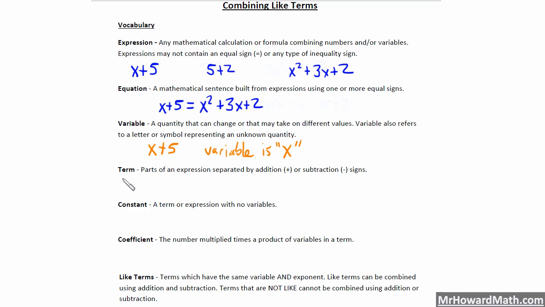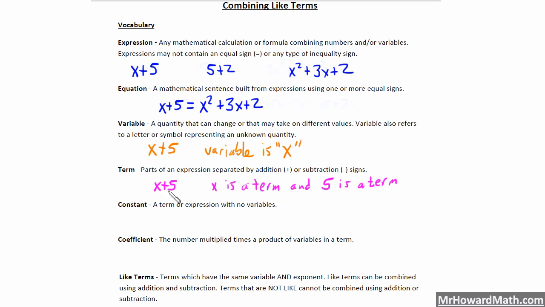All right, next word, term. Parts of an expression separated by addition or subtraction signs are terms. So we'll just keep using this, x plus 5. In this case, x is a term, and 5 is a term.